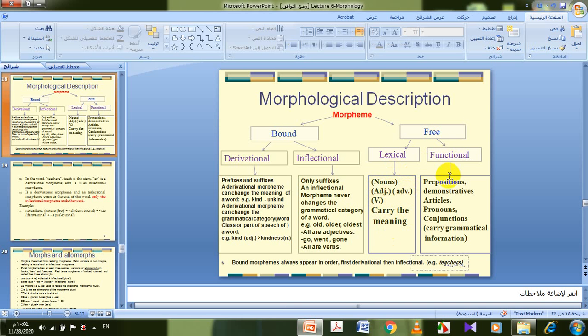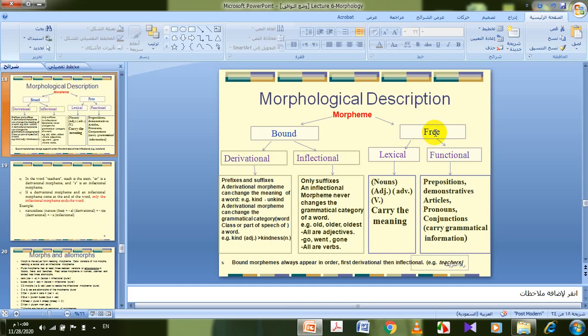However, functional morphemes just carry the functional or grammatical information, like prepositions, demonstratives, articles, pronouns, conjunctions. Like the, in, at, my. So all these are functional.